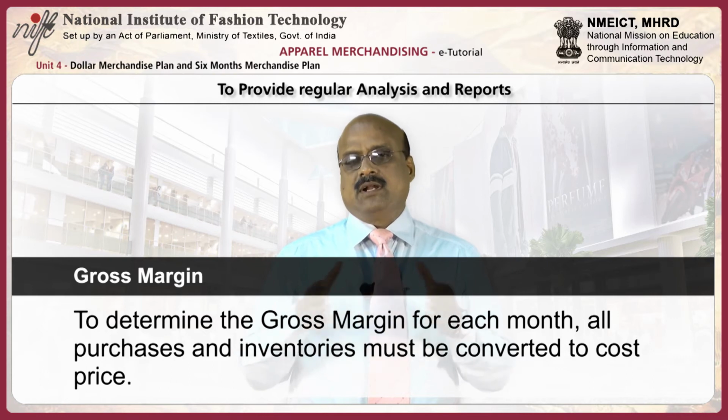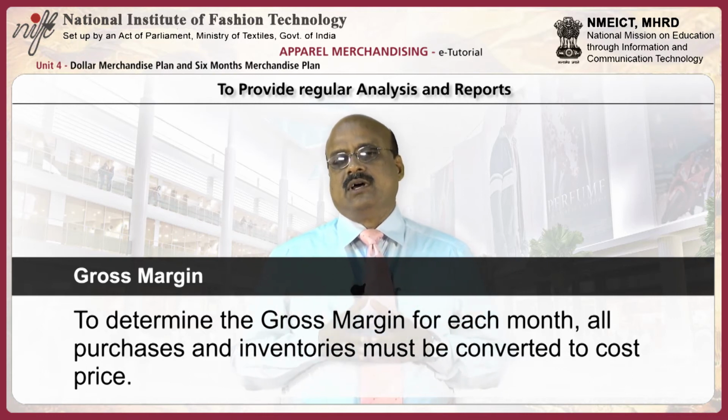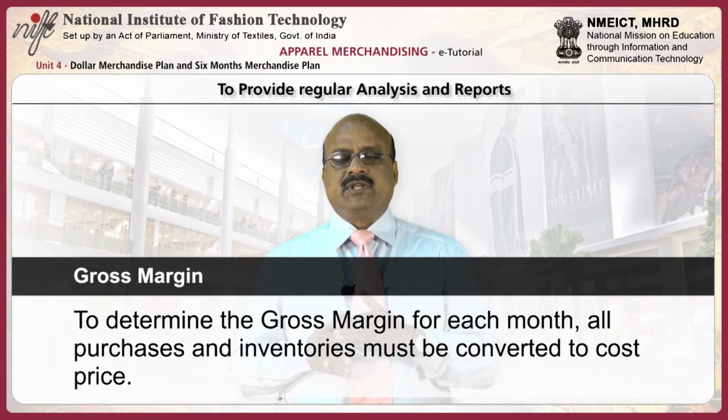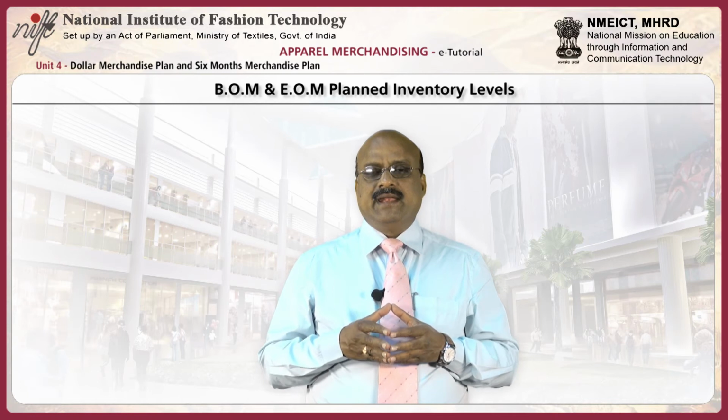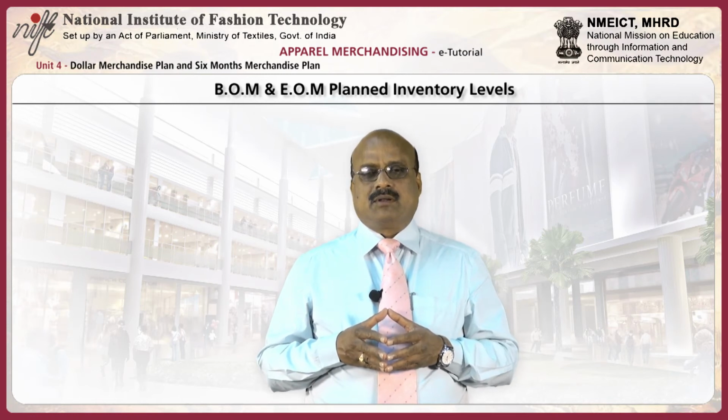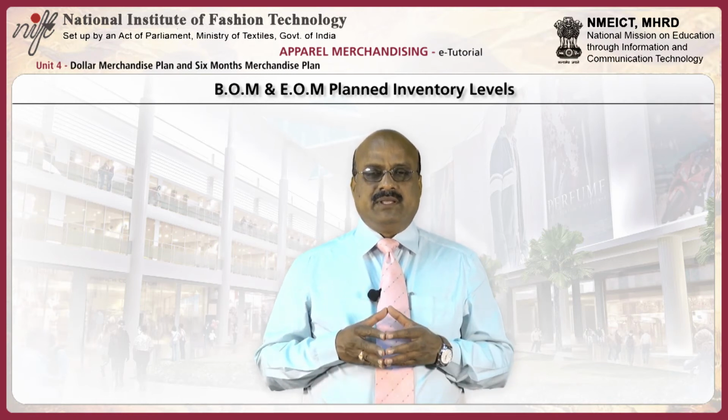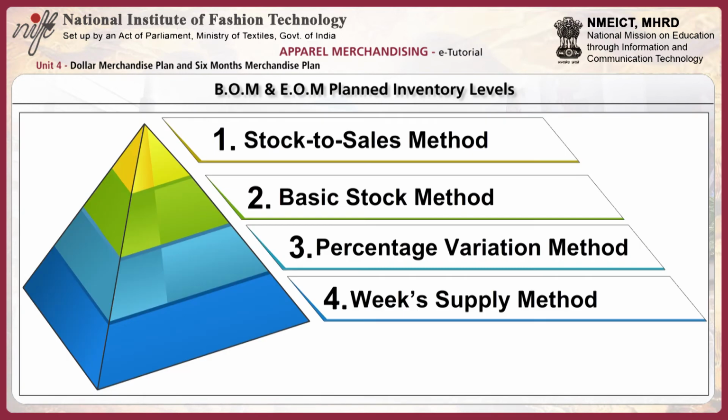To determine the gross margin for each month, all the purchases and inventories must be converted to cost price. Planning end of the month E.O.M. or beginning of the month B.O.M. inventory levels is another important element of the 6-month merchandise plan.